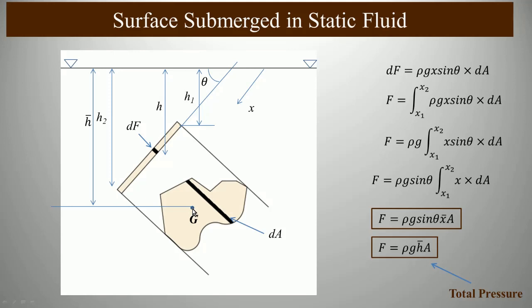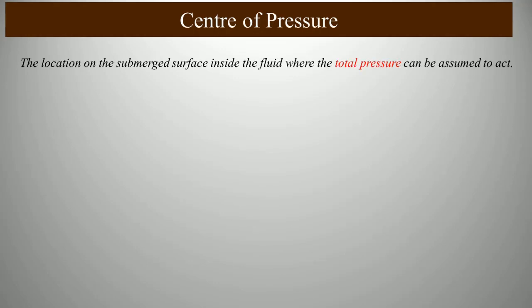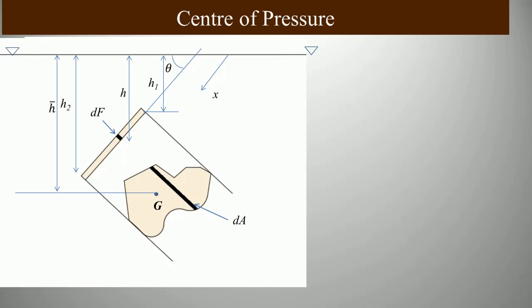In a similar way, where can we say the total pressure is acting? The point where the total pressure is acting on the submerged surface is called the center of pressure. The center of pressure is the location on the submerged surface inside the fluid where the total pressure can be assumed to act. So let us calculate that.